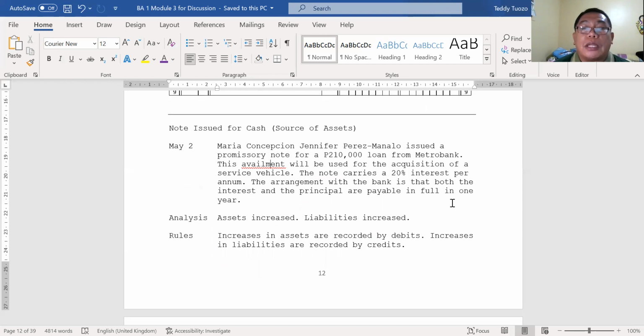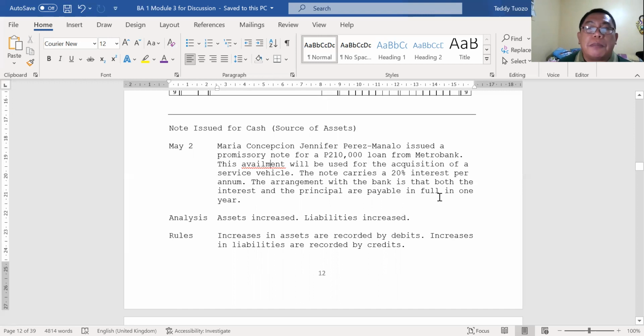The note carries a 20% interest per annum. The arrangement with the bank is that both the interest and the principal are payable in full in 1 year. So wala pa interest, kung magbayad-bayad ka ng hinay-hinay, but then, kung gusto nimo bayaran, pwede ra sa gihapon sa bayaran in 1 year, at the end of the year only.